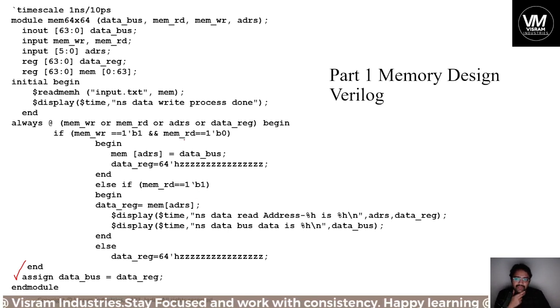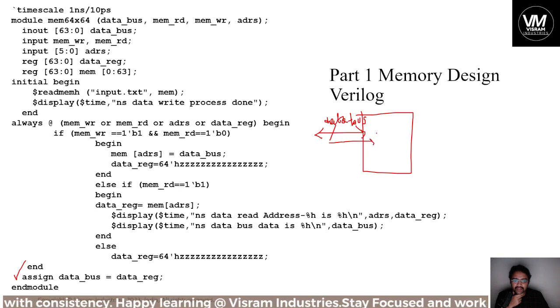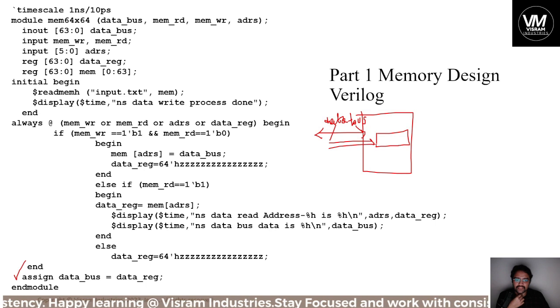Because in the write process, whatever data you have in the data bus, consider this is data bus. This write process is direct into the register. This is a direct, single action. It goes into some register.